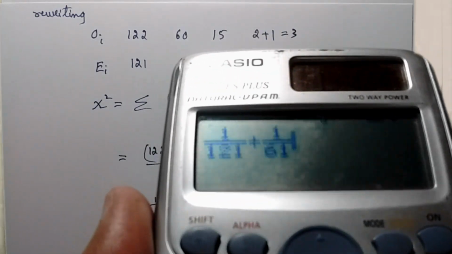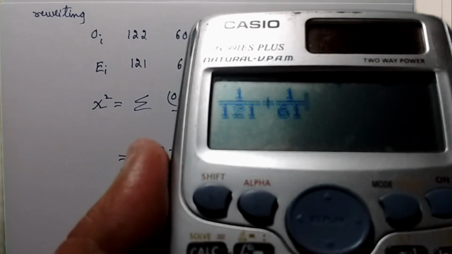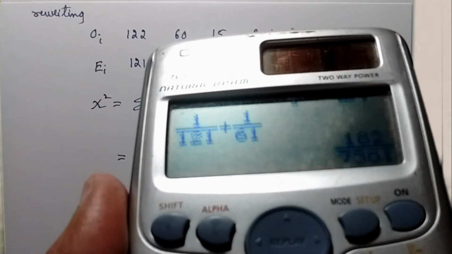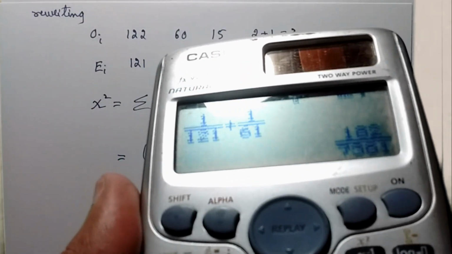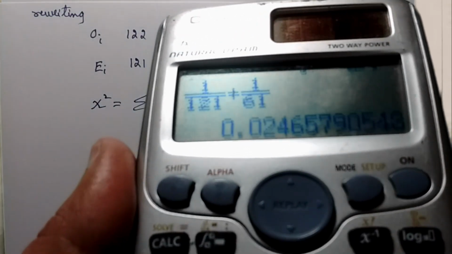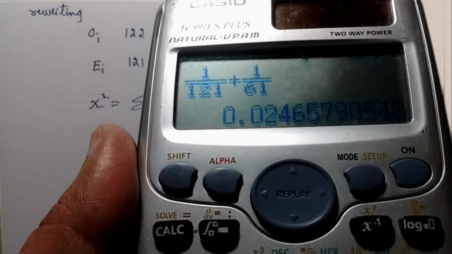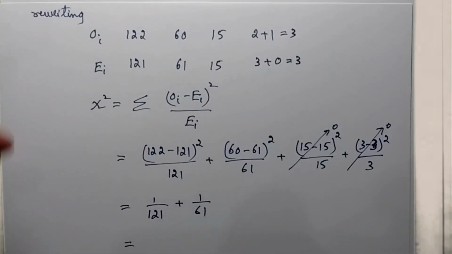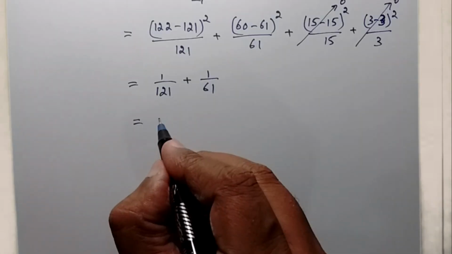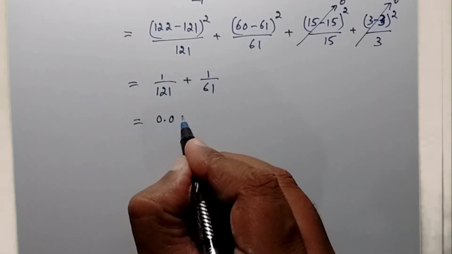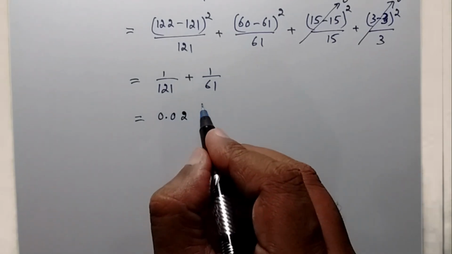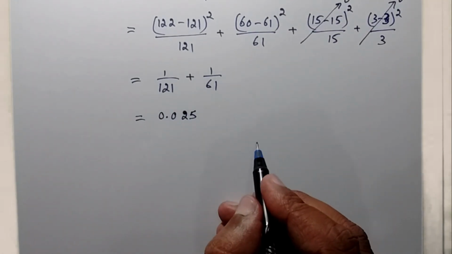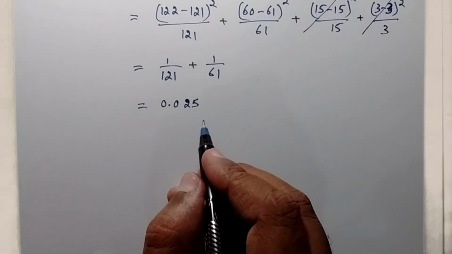I have typed 1 by 121 plus 1 by 61. Check the solution you are getting: it is 0.024. You can approximate and write the value as 0.024 or 0.025.